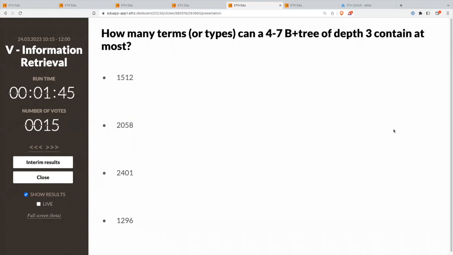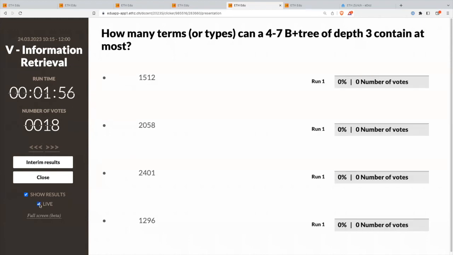All right, so we have 1512, 2058, 2401, and 1296. We have a majority.